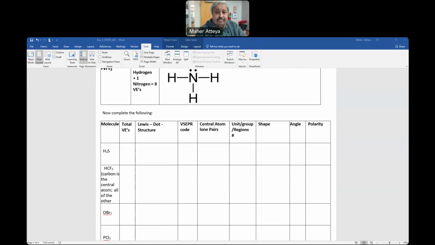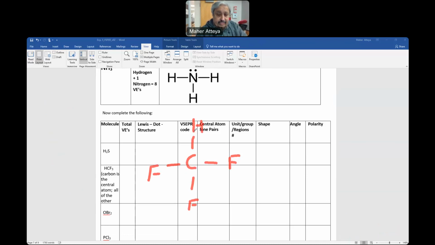So we'll have something looking like this. Look, guys. This is the carbon here. This is fluorine. This is fluorine. This is fluorine. And this is hydrogen.